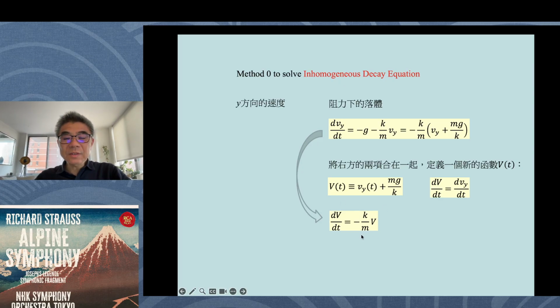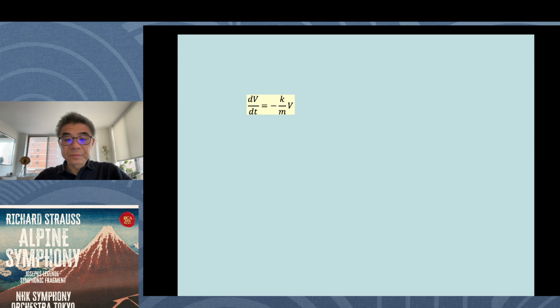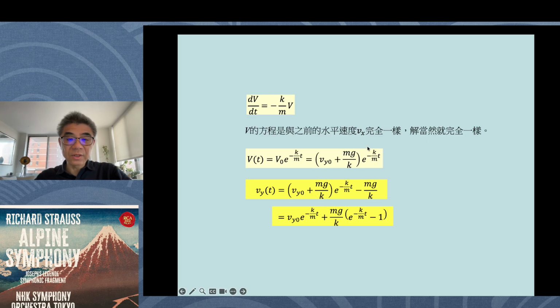We know how to solve the decay equation. So V is known as before, and then you can go back from here to Vy of t very easily just by adding the constant you are supposed to add.